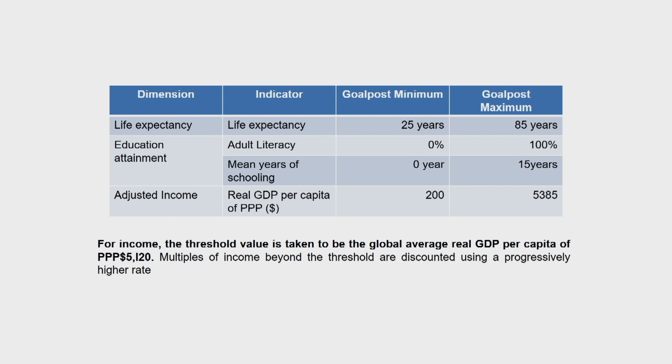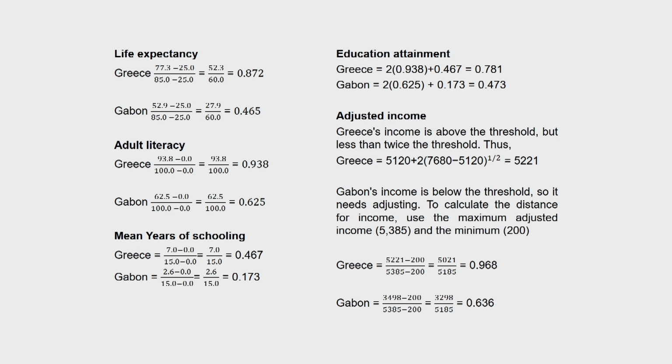And adjusted income: the minimum was fixed at $200 US and the goal post maximum was 5,385, which is basically discounted using a progressively higher rate. And for income, as I have already mentioned, the threshold value was taken to be the global average real GDP per capita of $5,120.